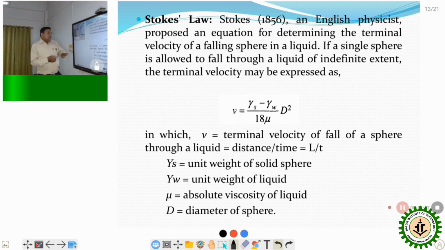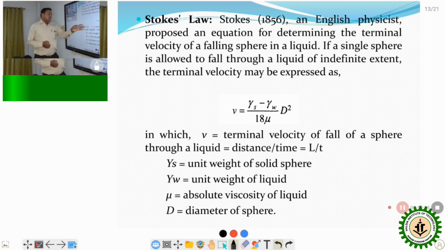Whenever the soil particles in the suspension are settling, that time it follows Stokes law. That means the velocity of particles, when it settles down, follows Stokes law. So according to Stokes law, the terminal velocity of any particle in the fluid will be given by this expression: V is equal to (gamma S minus gamma W) by 18 mu into d square.